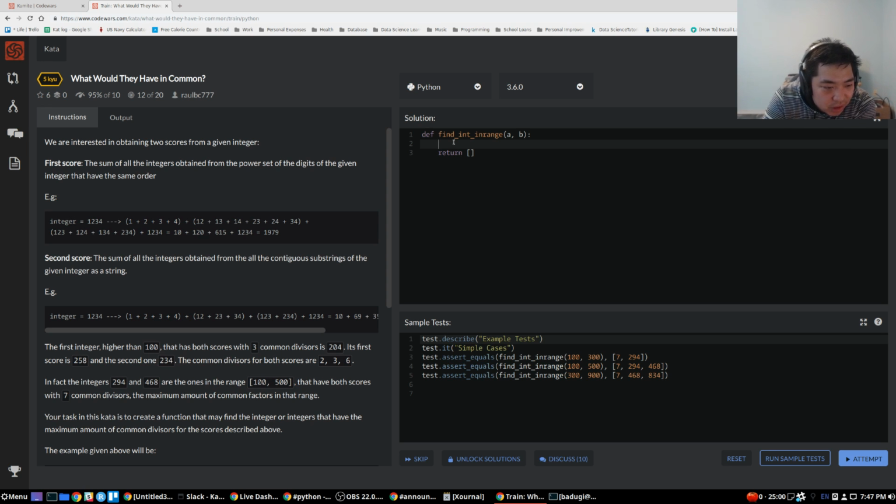What the hell? Is this still an example? The common divisors for both scores are 2, 3, and 6.